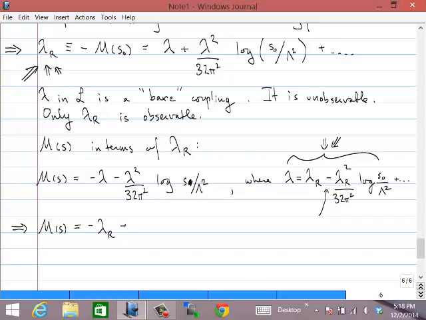And the loop correction just tells you not how the scattering depends on some ultraviolet physics that you don't know anything about, but just the relationship between the coupling at the scale that you're studying and the coupling at the scale at which you defined it.